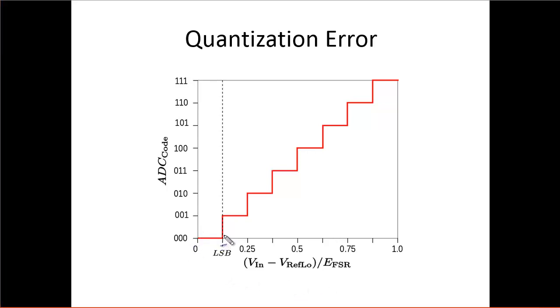Okay, so quantization error is just the fact that I blew this up a little bit so you can see it a little better, that between this voltage right here and this voltage right here, I get the same output of 010. Okay, so if I'm taking readings that fall along here, they all generate the same output. So the lower the resolution, the more likely I am to lose some of my resolution in my readings.